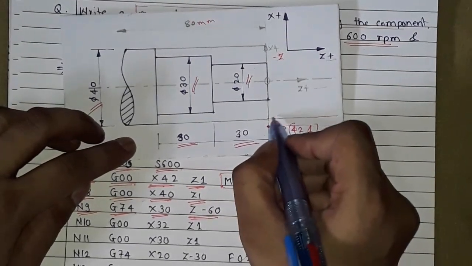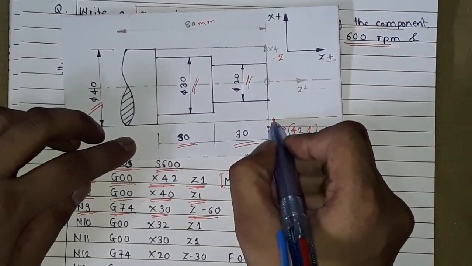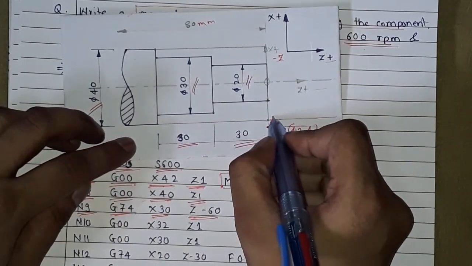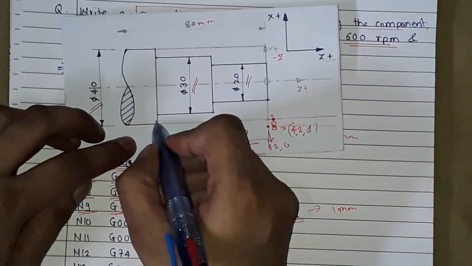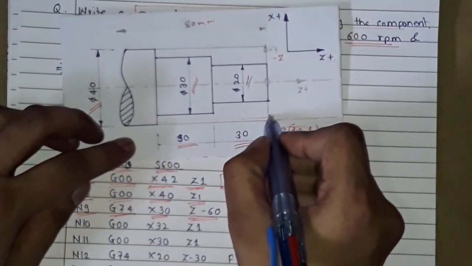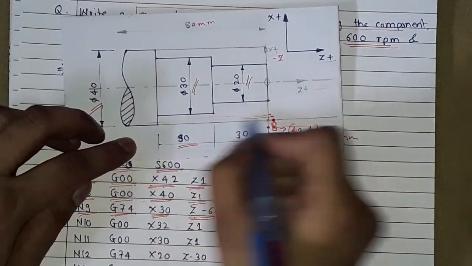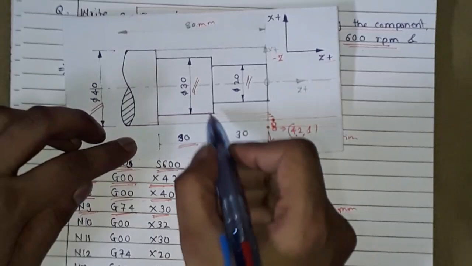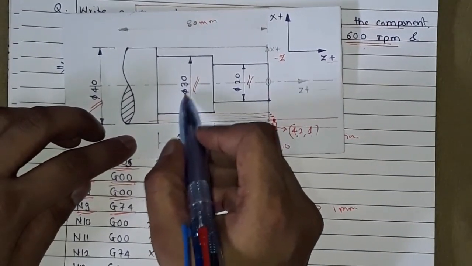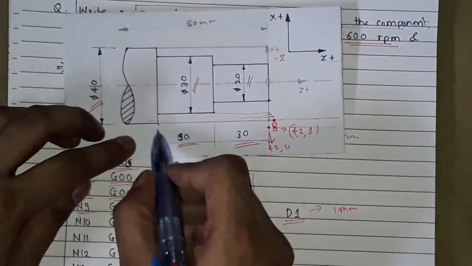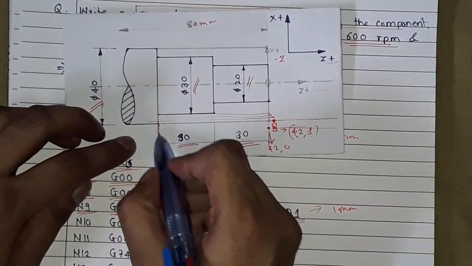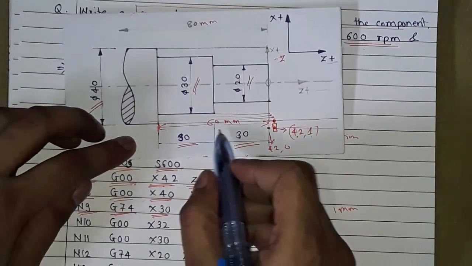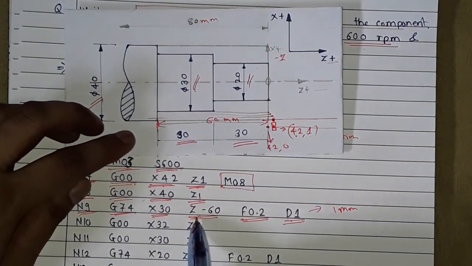The tool first takes one cut from here, then a depth of 1 mm, then another cut like this, again 1 mm cut, till it reaches the diameter of 30 mm up to the length of 60 mm. This is total 60 mm here, as we can see.